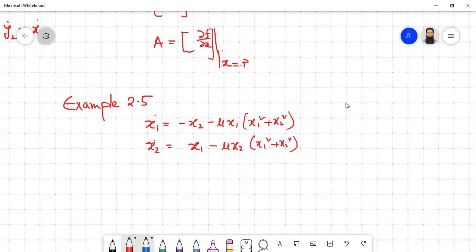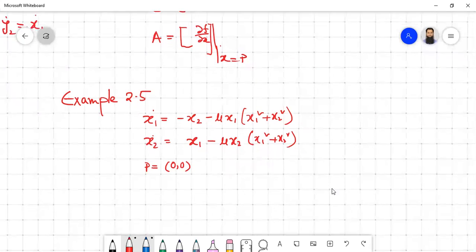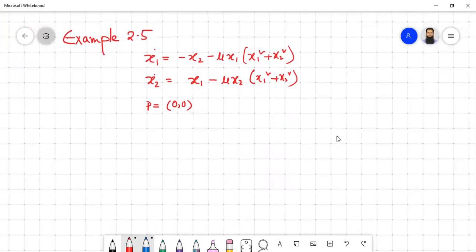One of the equilibrium points of this system, if you solve it, is going to be 0, 0. I'm not solving that here, leaving it for you. Our equilibrium point P is basically 0, 0. Now we have to find the Jacobian matrix first.